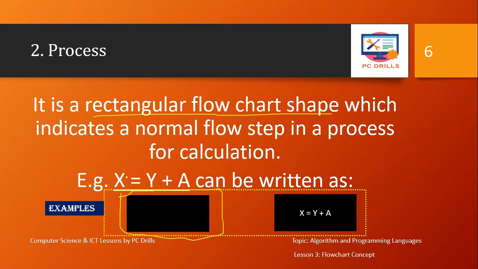For example, they say x is equal to y plus a. You draw your rectangle, and inside the rectangle, you put x equal y plus a. Just having this shape, you know that it is a process. And having this particular one inside the rectangle, we know that that is the particular process we are representing at that particular step.